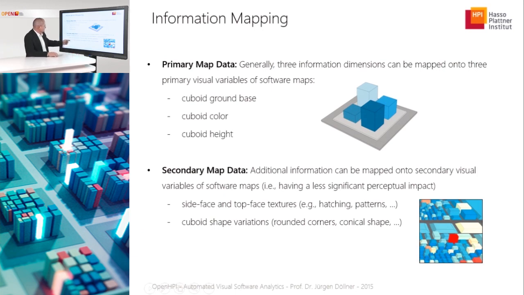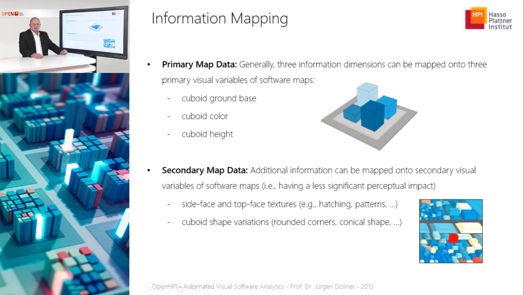And we can, of course, also change the cuboid's geometry by shape variations, rounded corners, conical shapes, like depicted here, where certain cuboids, especially those that are generalized, that is, they consist of further, more detailed cuboids, but they are generalized in one unique block, then this fact is indicated by the pyramid-like structure you can see in this small depiction.